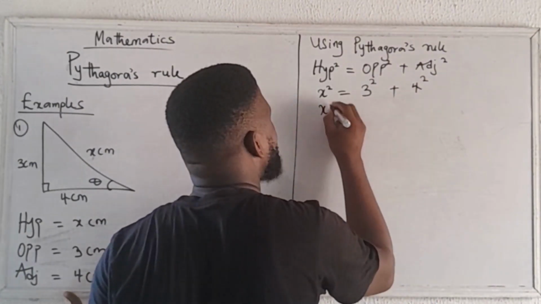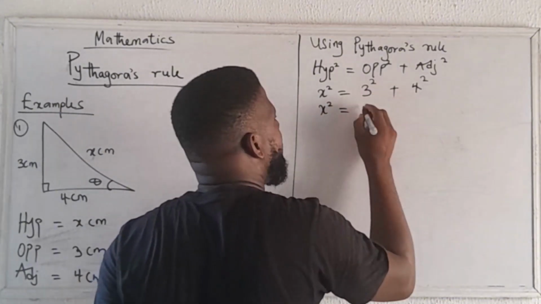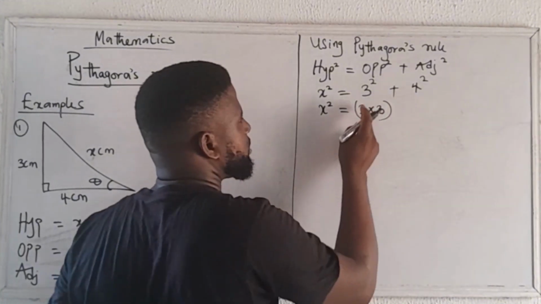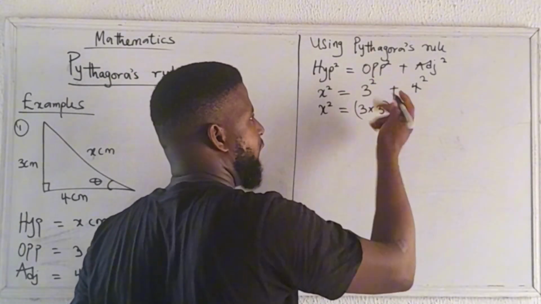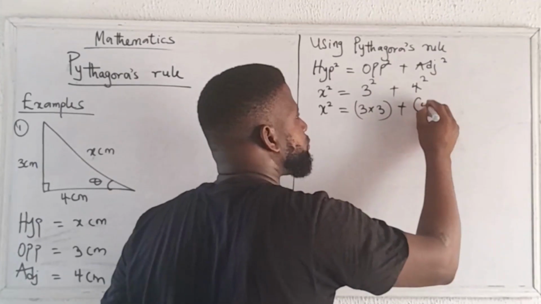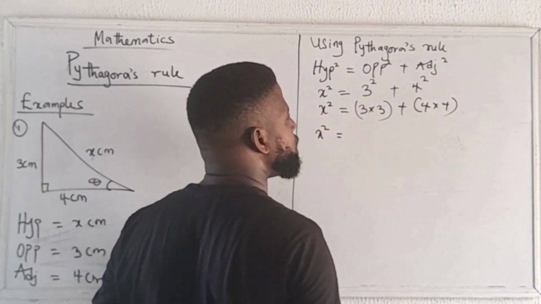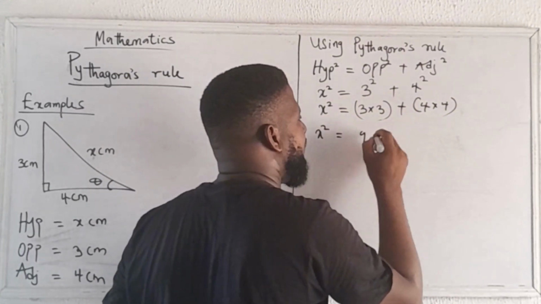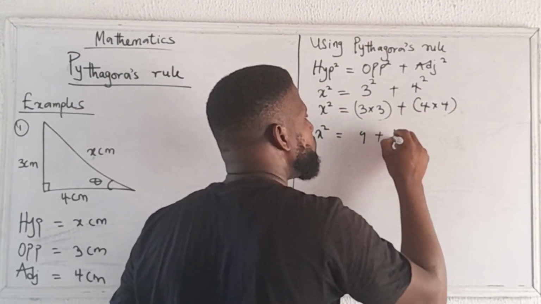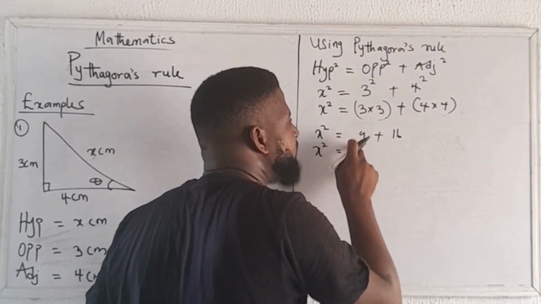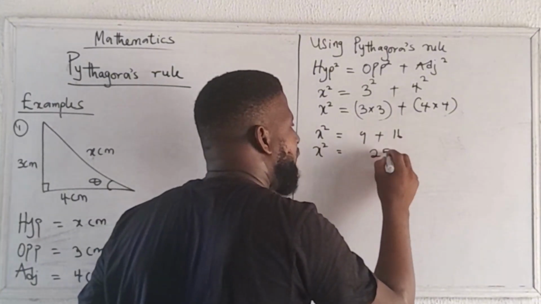So x square equals 3 times 3, which is 9, plus 4 times 4, which is 16. So x square is equal to 9 plus 16, which is 25.